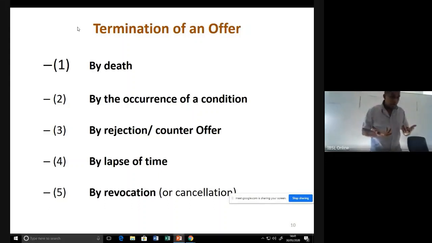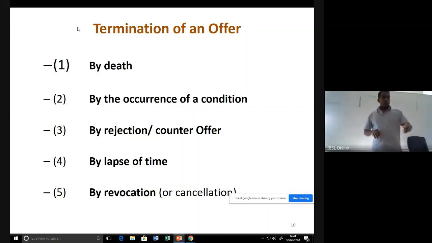I can't perform my duties if I enter into a contract, because the subject matter, the crops or the agriculture or the paddy that I offer is no more, destroyed.